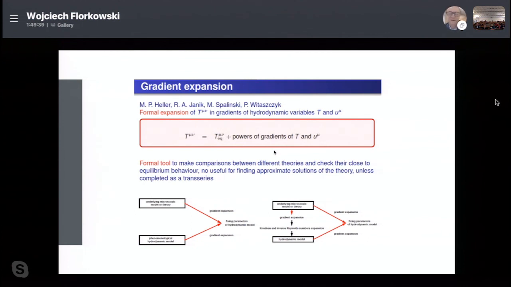Oh, I didn't hear you well, but I mean that when eta over s is small, I think the interaction is very large, because the viscosity coefficient, if you have a kinetic expression for it, in the relaxation time approximation is proportional to the relaxation time. The collision scale is very short, so the system goes to local equilibrium almost instantaneously.